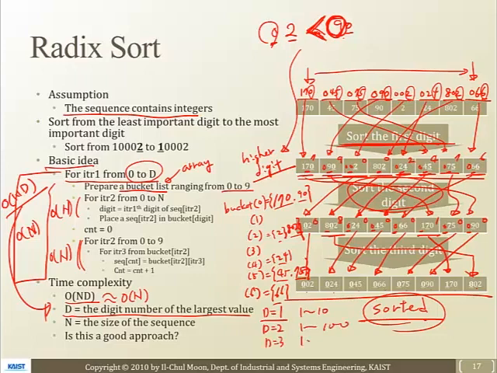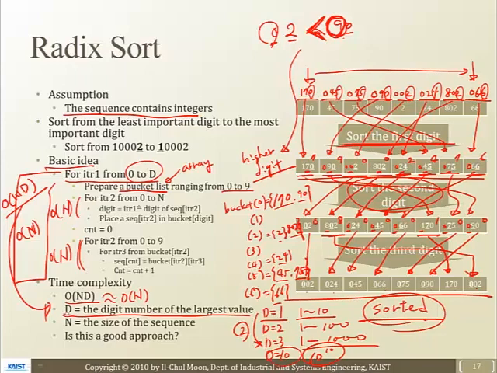D equal 3, 1 to 1,000. Only increasing two values, we are increasing the range from 1 to 10 to 1 to 1,000. Let's imagine D is 10. Then 10 to the power of 10, this is unimaginable numbers. So by only increasing small numbers, we can cover a whole lot of range.